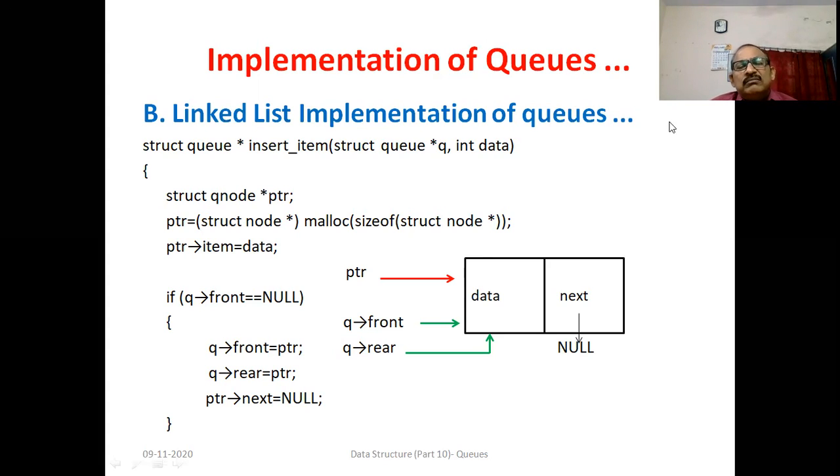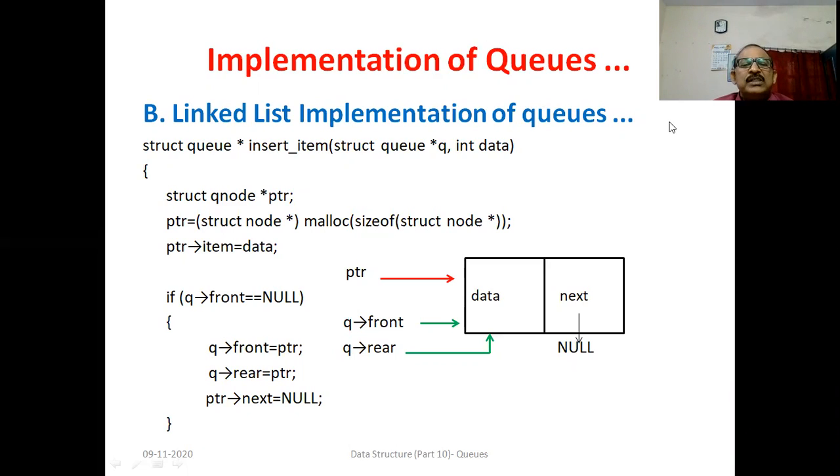The first statement, you can see struct queue node star PTR. Here we declare PTR as a pointer of type queue node. Next statement, PTR is equal to (struct node star) malloc of sizeof struct node.